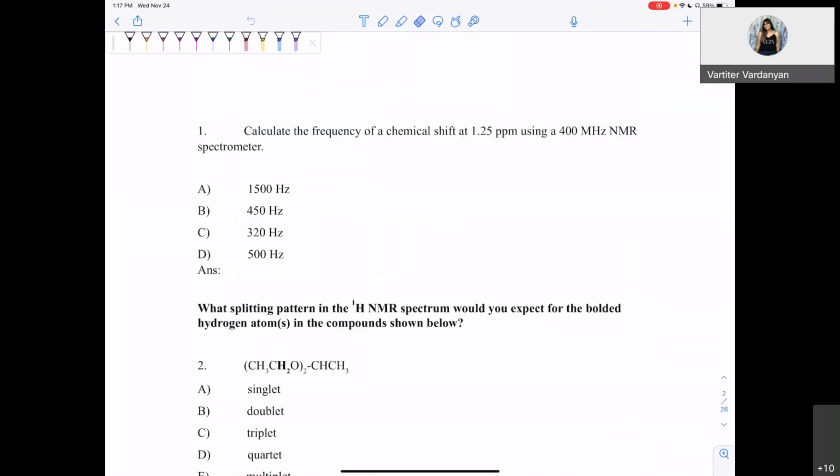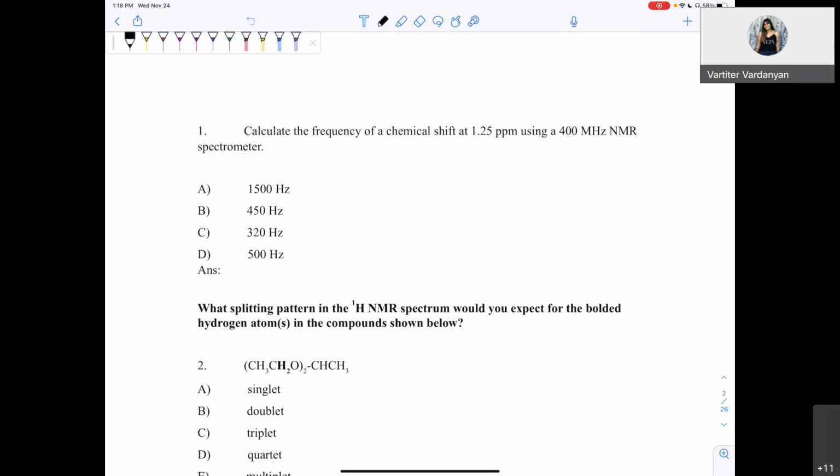Okay, so I got these random problems from a random set of problems, definitely not from anything that you have to do, wink, wink, nudge, nudge. So let's go through them together. So the first question is saying calculate the frequency of a chemical shift. So calculation, the only calculation we had this semester was the chemical shift equation.